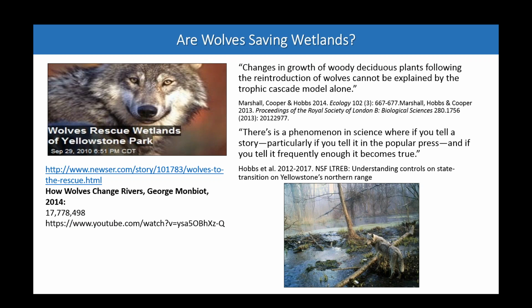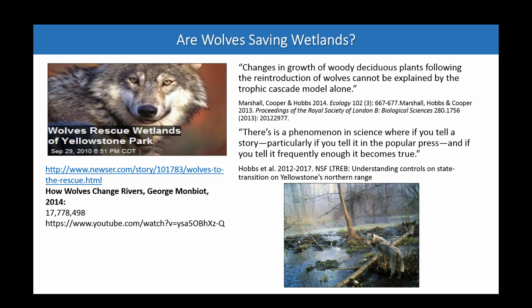And what Marshall, Cooper, and Hobbs are finding is that everybody wants to hear a good story, and if you tell a story like wolves are saving rivers enough times, the popular press and the public will believe it. But that doesn't mean it's true.